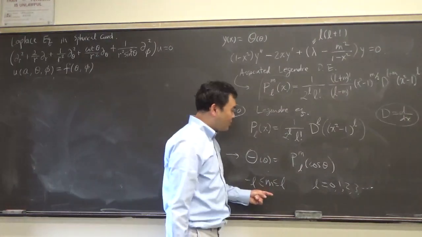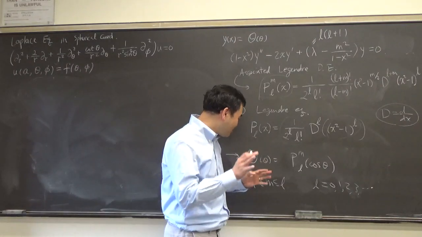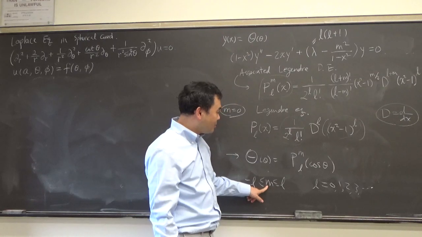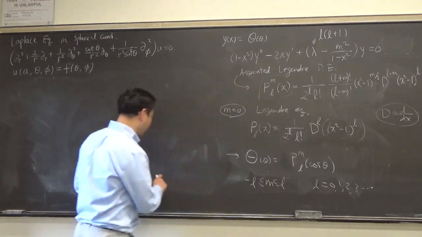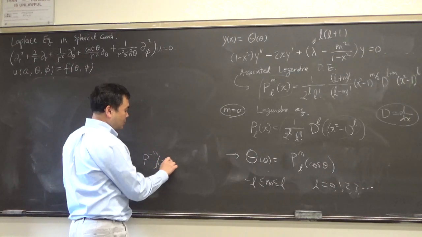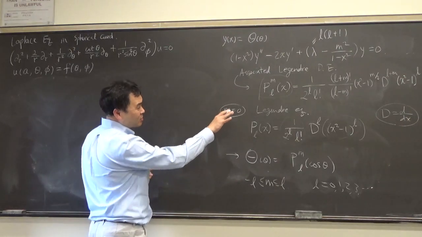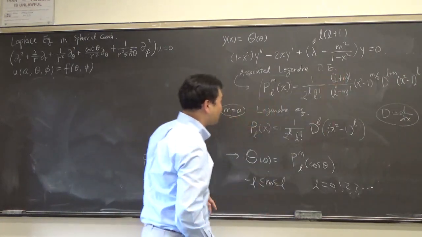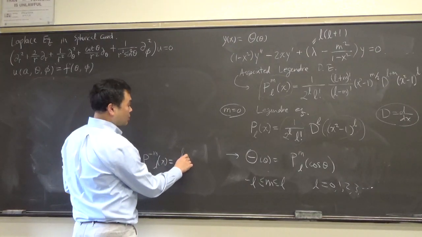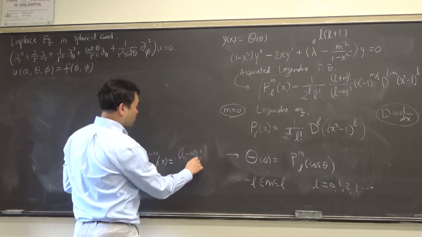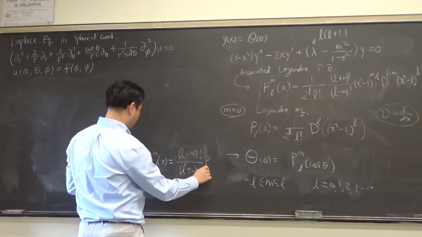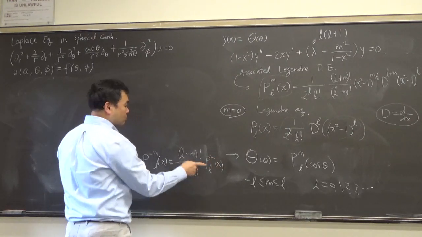There are so many things going on here, so it's hard to say them all, so I may forget some things. But here's another fact: P of negative m is the same, the only difference is this just gets flipped. So if I multiply by L minus m factorial over L plus m factorial, P_L^m, something like this works.